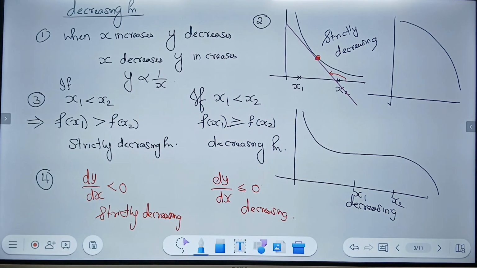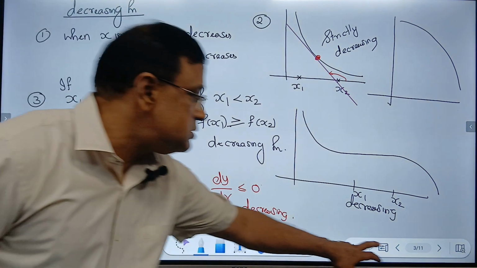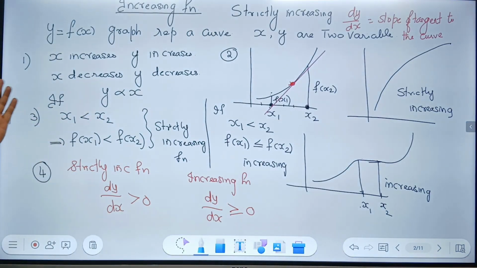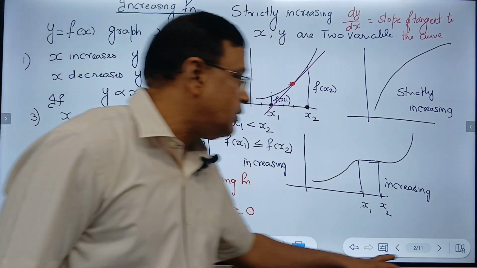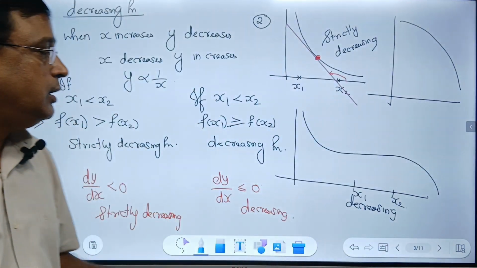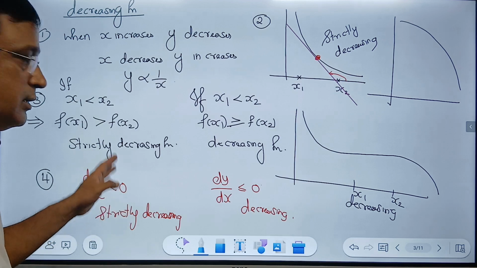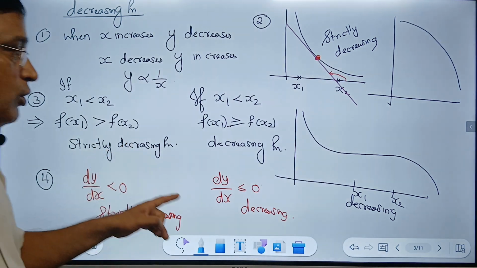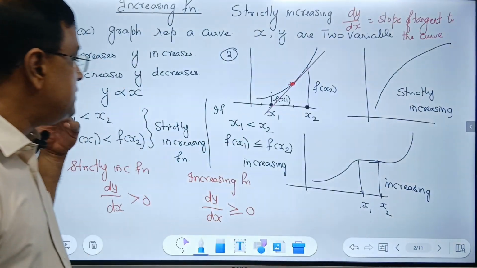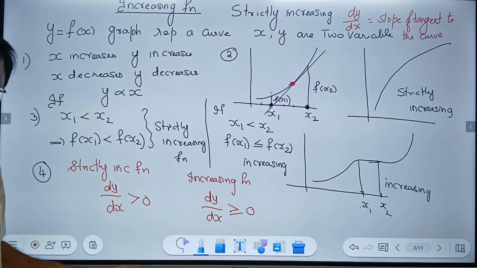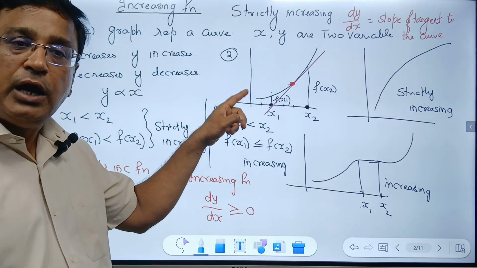Okay, now I hope you have understood what an increasing function is, and what a decreasing function is, how it looks graphically, how you can understand it algebraically, and how you can understand it using calculus. I hope you also know why for an increasing function dy by dx must be positive, because the tangent makes only an acute angle.